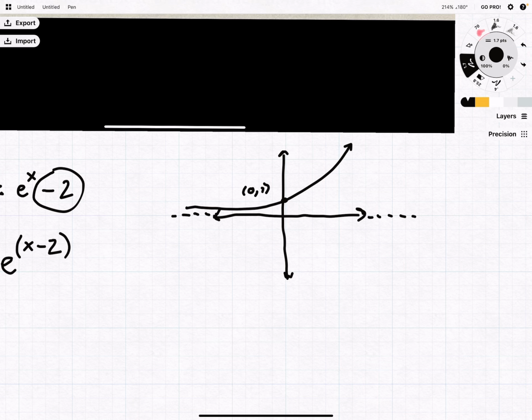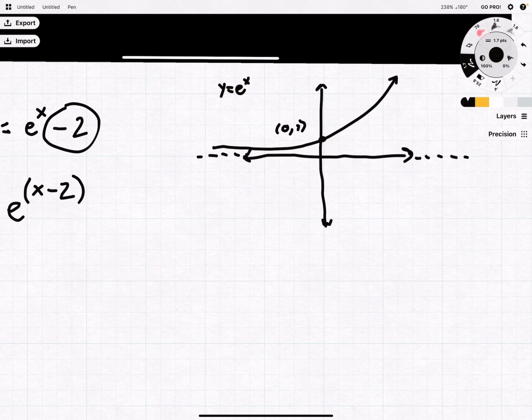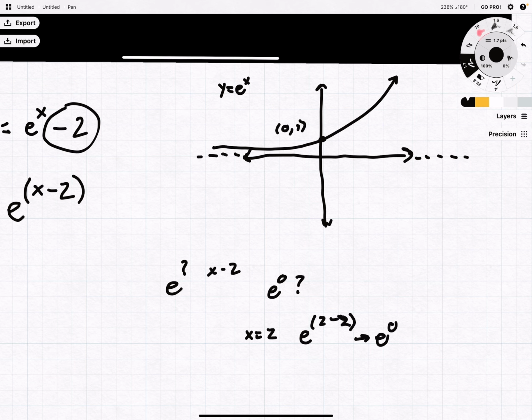Well, if I have y equals e to the x and you plug in 0, you just get e to the 0 and that equals 1, okay? Well, if we have e to some quantity and it's x minus 2, if we need e to the 0, how do we make that? Well, we would have to plug in 2. And that way we would get e to the 2 minus 2, which would be e to the 0.